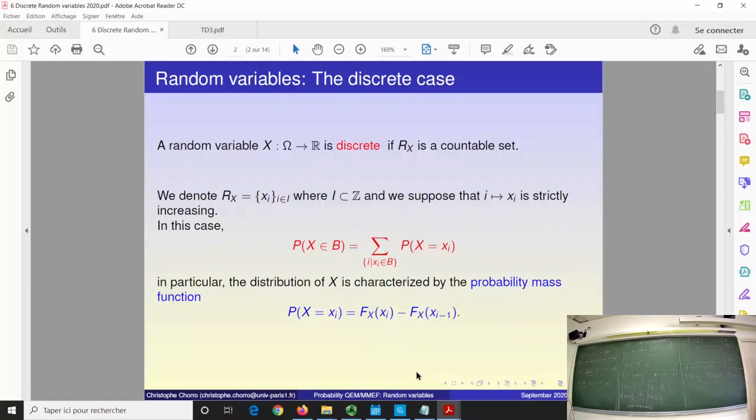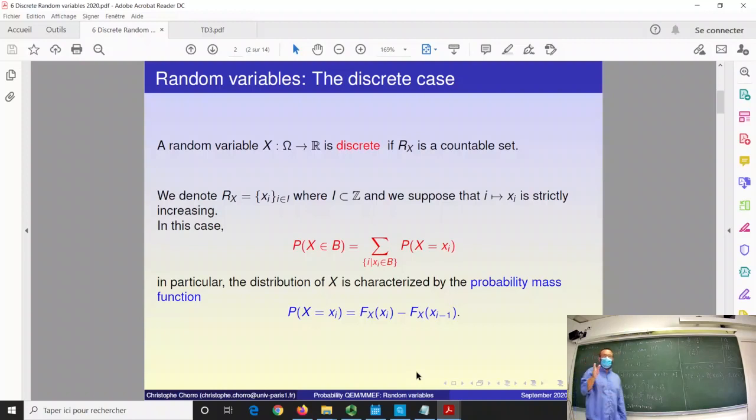So keep in mind that even if you forgot what I have written in blue here, it's very, very easy to recover. The formula in blue in the slides, if I adapt it to my problem here, just says that X less than or equal to small x in my situation is just X equal to small x, disjoint union with X less than or equal to x minus 1.